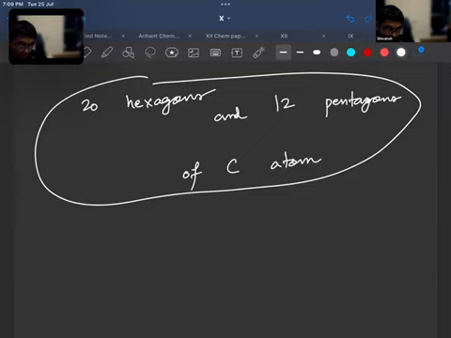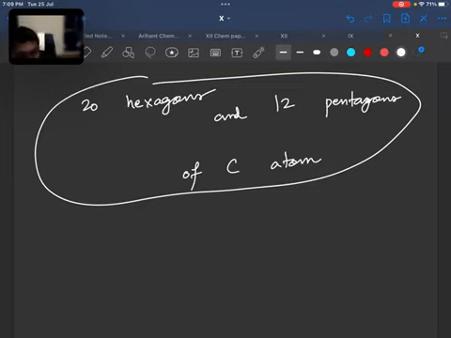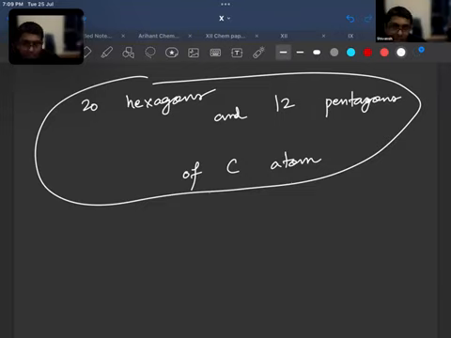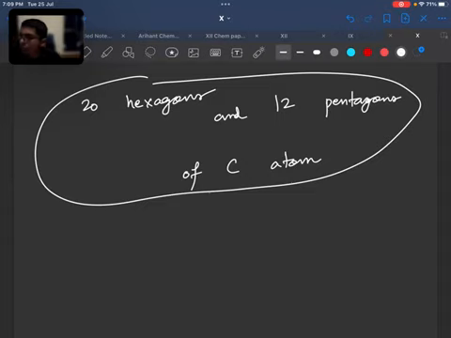We have hexagons in graphite, but we don't have a sphere of hexagons. We have a combination of hexagon and pentagon.